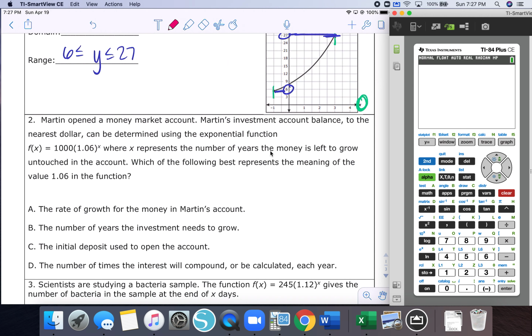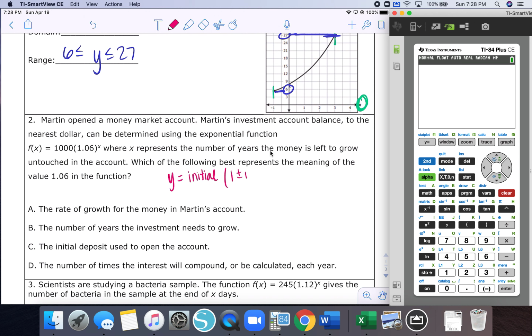Number 2, Martin opened a money market account. Martin's investment account balance to the nearest dollar can be determined using the exponential function f of x equals 1,000 times 1.06 raised to the x, where x is the number of years the money is left to grow untouched in the account. Which of the following best represents the meaning of the value 1.06 in the function? So remember last week we talked about you have your initial or your starting value.